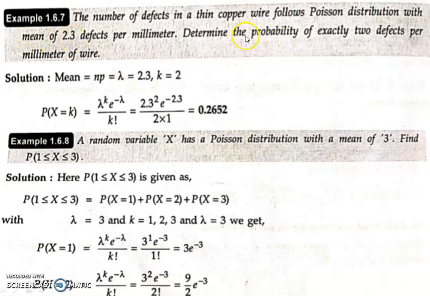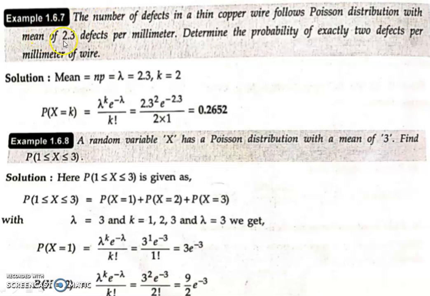They are asking you to find the probability of exactly 2 defects, hence k will be equal to 2. So use this equation, lambda power k e power minus lambda divided by k factorial. Here you need to substitute lambda as 2.3. You are not given the value of n, right?